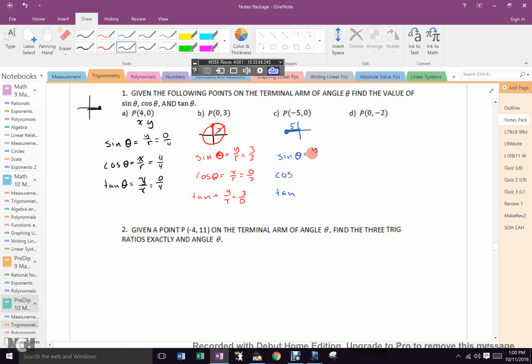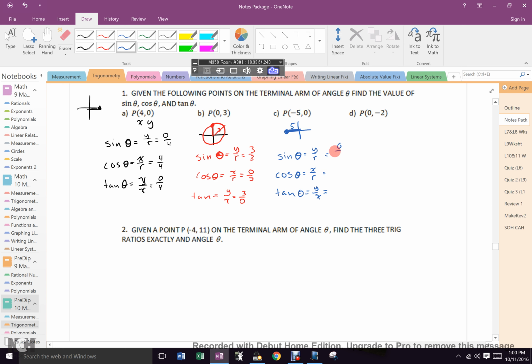Sine theta is y over r. I'm just going to put in the fakes. Now you guys fill in the numbers. What's y here? 0. It's right there.